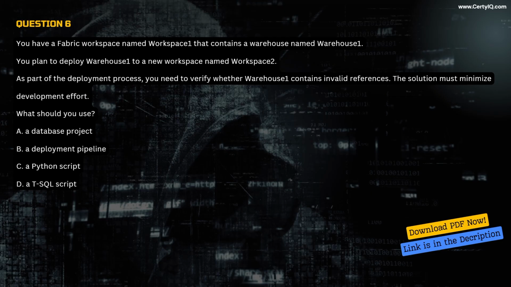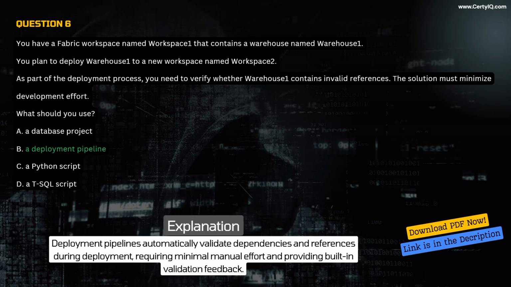A. A database project. B. A deployment pipeline. C. A Python script. D. A T-SQL script. Correct answer B. A deployment pipeline. Explanation. Deployment pipelines automatically validate dependencies and references during deployment, requiring minimal manual effort and providing built-in validation feedback.